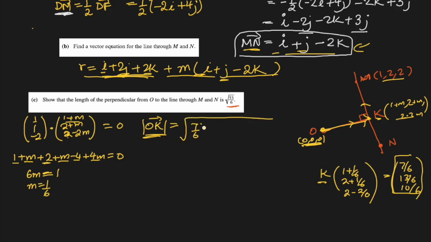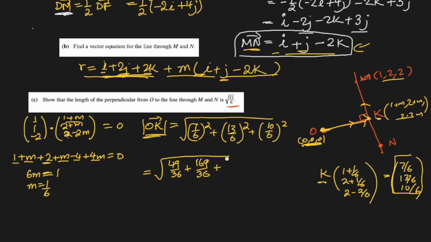is (7/6)² + (13/6)² + (10/6)², which is equal to how much? 49/36, 169/36, and 100/36.